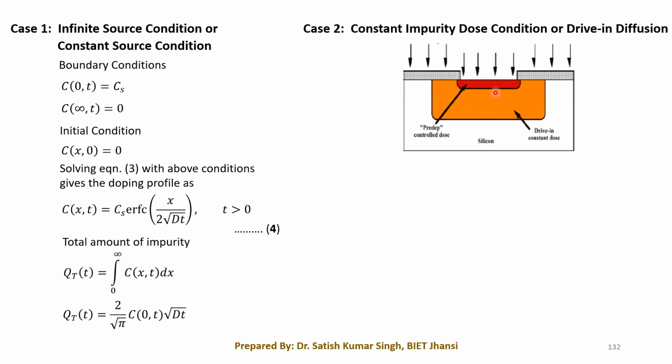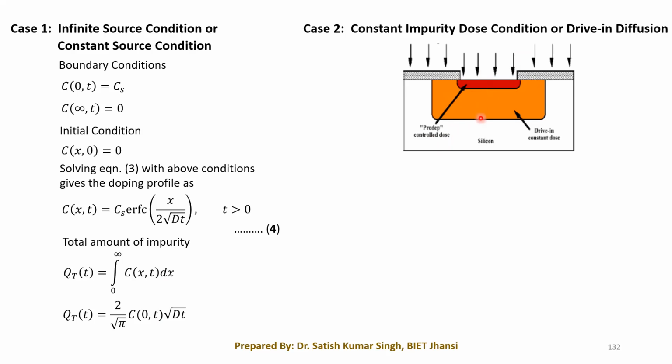Now we have to turn off the supply of our impurity, and then we have to further heat our substrate. After heating the substrate further, all these impurity atoms available near the surface will further diffuse and go deep into our substrate.